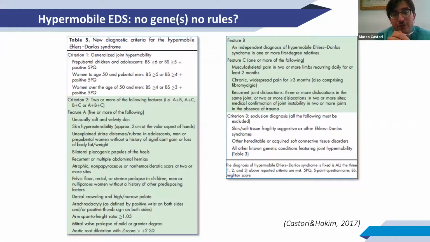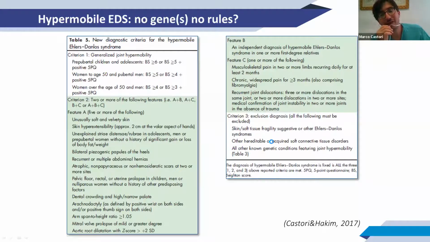Finally, you need a formal exclusion of partially overlapping conditions, including rheumatological manifestations when pain is the leading clinical sign, the reason of referral, and other EDS when there is doubt by the expert clinician, and other hereditable disorders featuring joint hypermobility if needed.